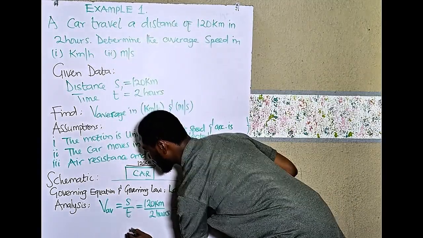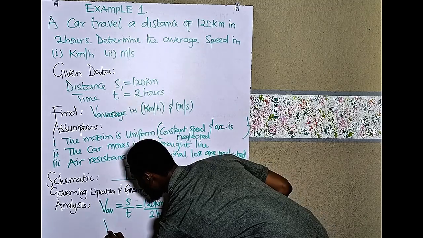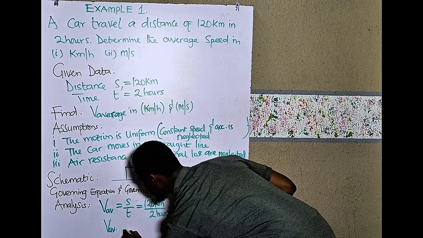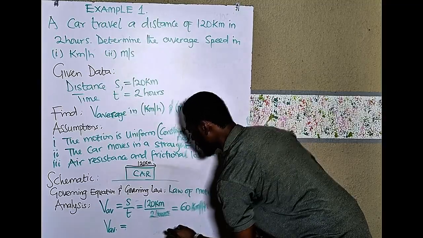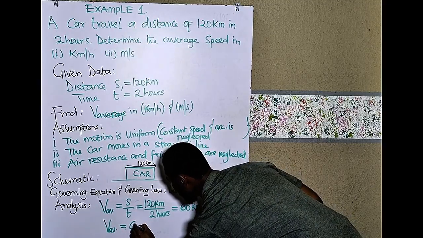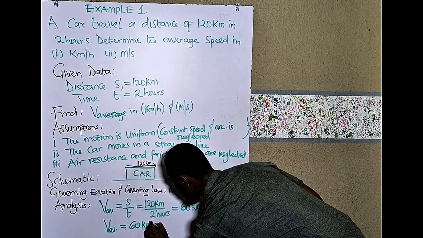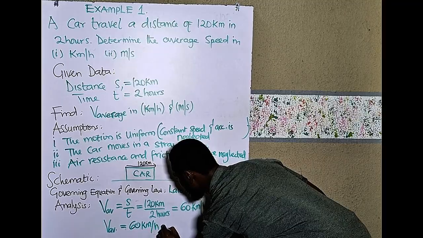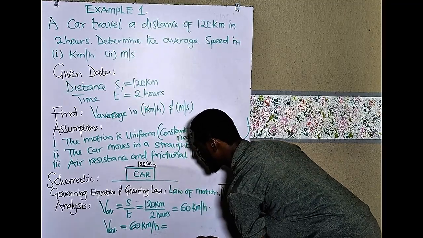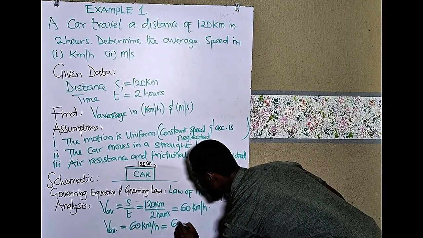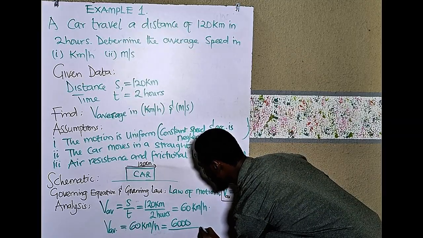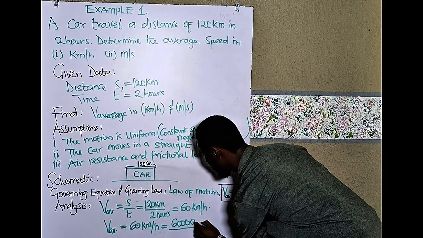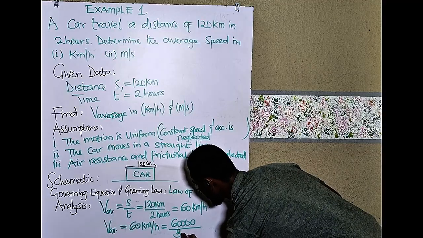The second one is to determine the average speed in terms of meter per second. Going by this, the average speed is given as 60 km per hour. We multiply the 60 by 1000 in order to take it to meter, then we divide it by 3600.